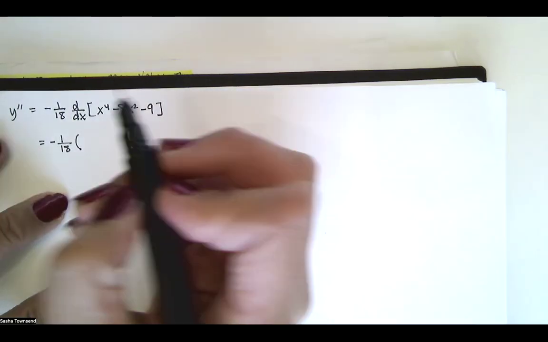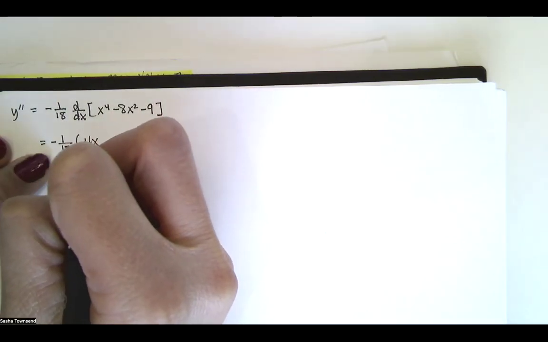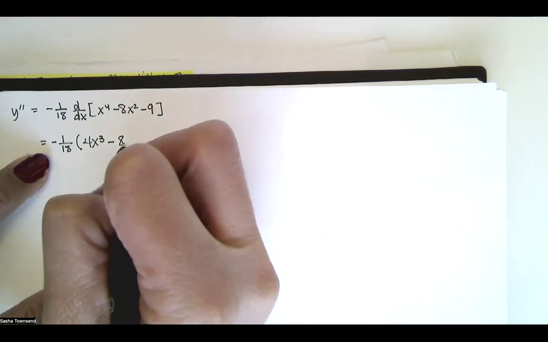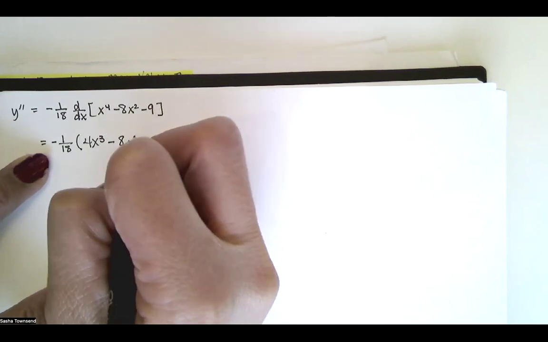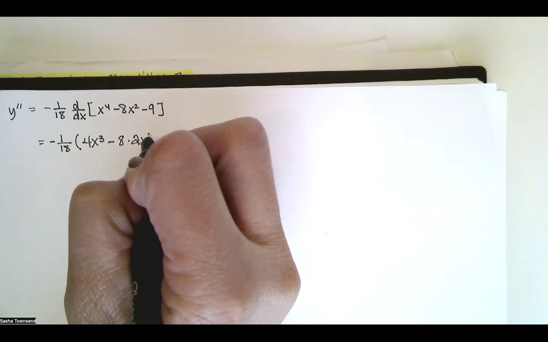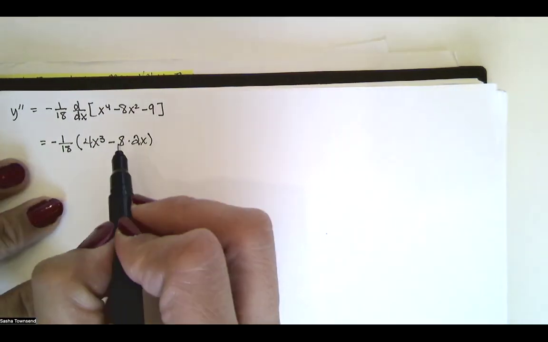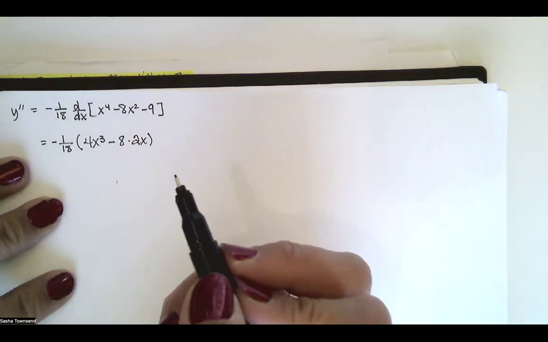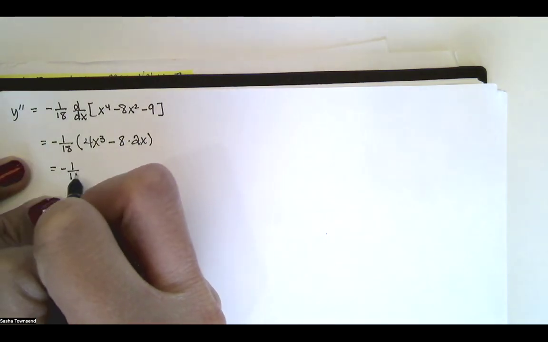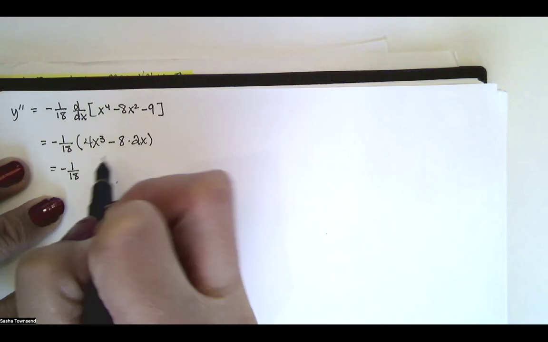And the derivative of x to the 4th is 4 times x cubed. Then we take the derivative of 8x squared, you bring the negative 8 down and multiply by the derivative of x squared, which is 2x. And the derivative of negative 9 is 0. So we end up with this. We can factor out a 4 if we want to, and an x if we want to.